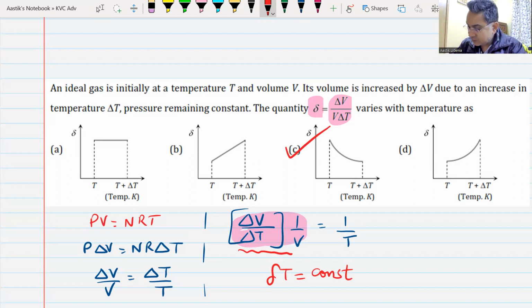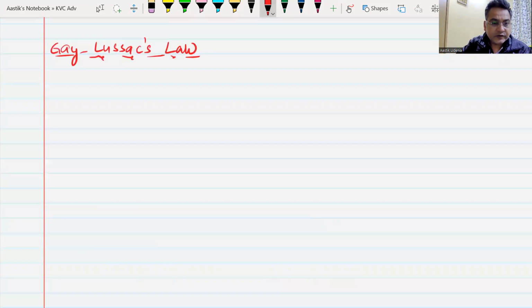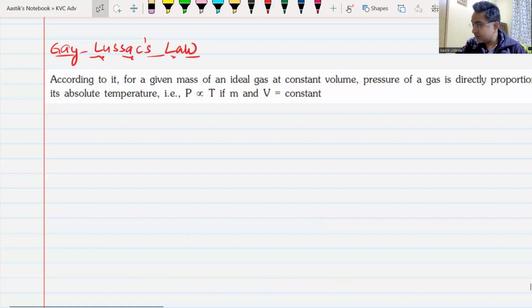The next law, all of you know it, Gay-Lussac's law. Some people also call it pressure law. What does this law state? According to this law, if the mass of the gas is constant, the pressure is directly proportional to the temperature.